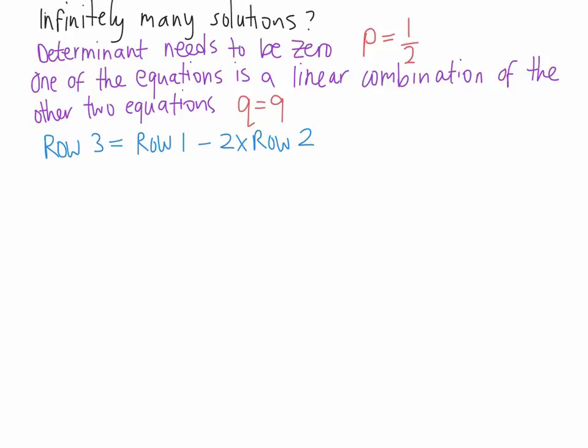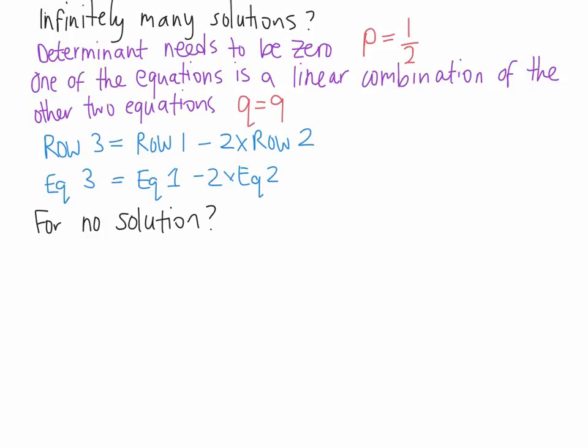And for this particular question, the linear combination was that row 3 is equal to row 1 minus 2 lots of row 2, or that equation 3 is equal to equation 1 minus 2 lots of equation 2.